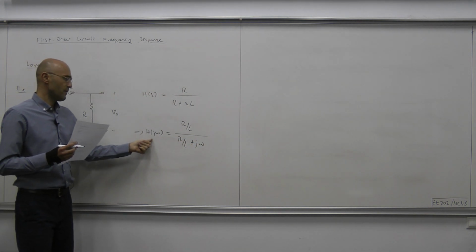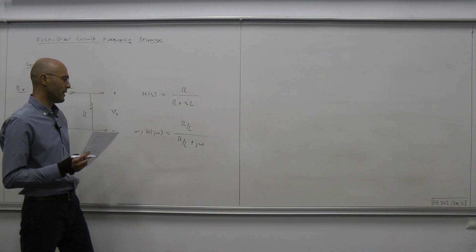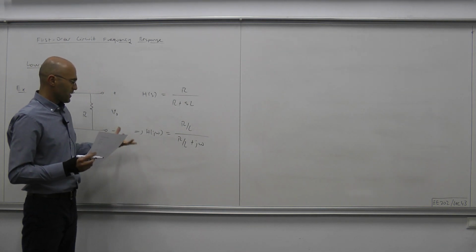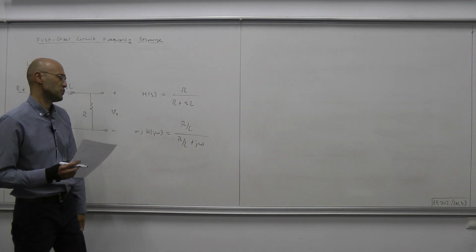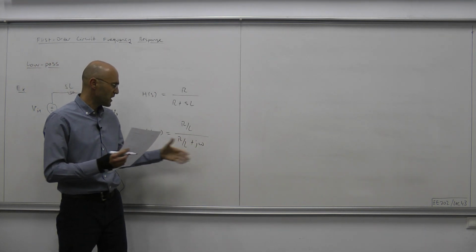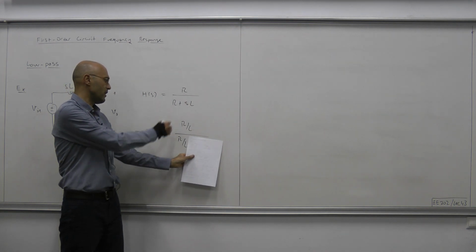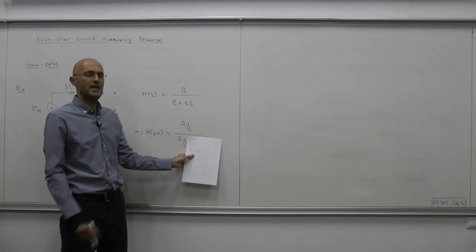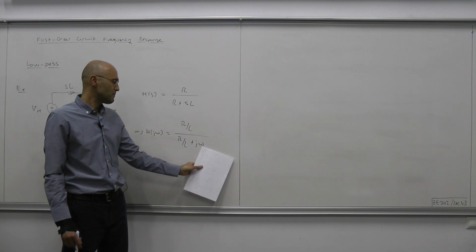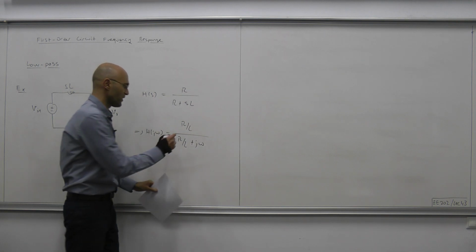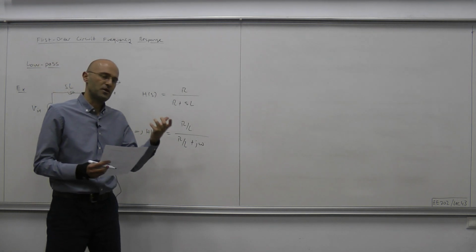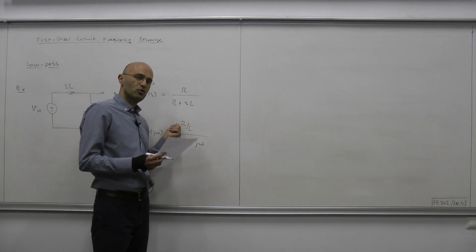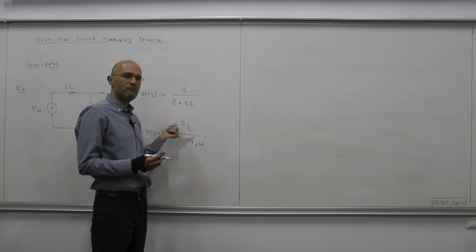When you look at this H of J omega, it's clear that at very low frequencies, when omega is close to 0, we can just ignore the J omega term, and what we have is R over L over R over L. The gain is close to unity. As omega increases, the magnitude of the denominator increases. The magnitude of the numerator is always R over L. It's fixed.